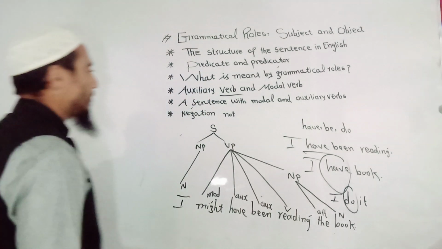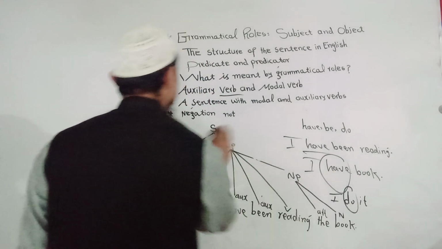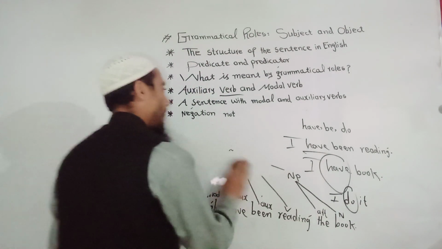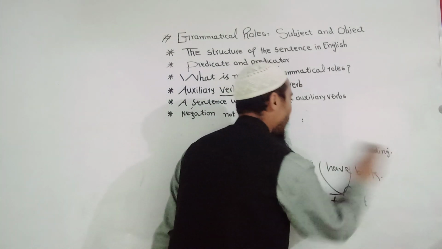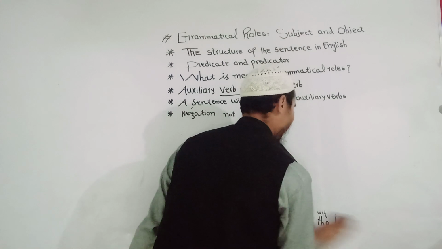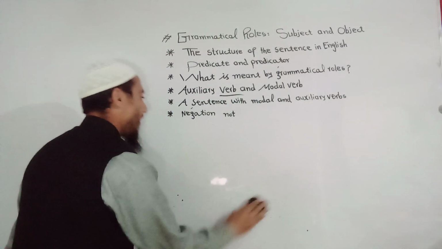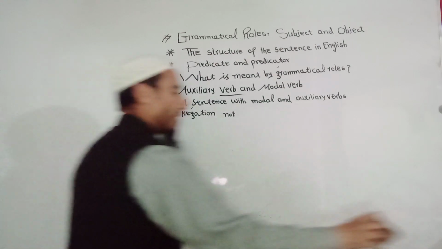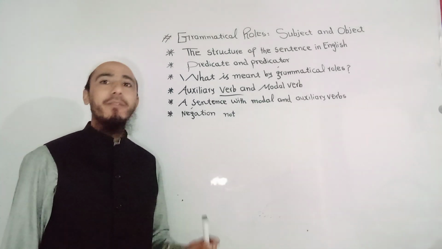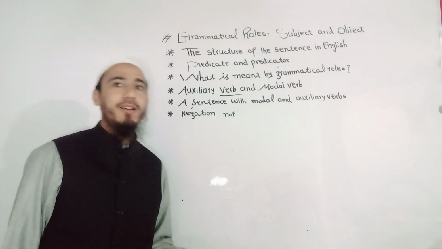Now coming to negations, listeners and audience, by negations we mean does not, do not, or particularly just not. What will be the syntactic structure of it? The syntactic structure is that the negation, or not, mostly comes after the auxiliary verb; it is preceded by the auxiliary verb.